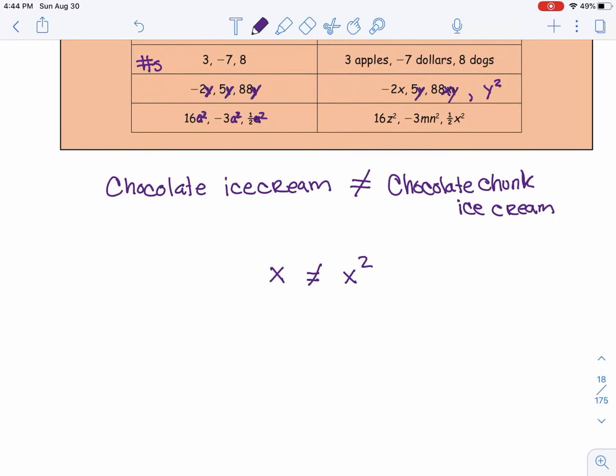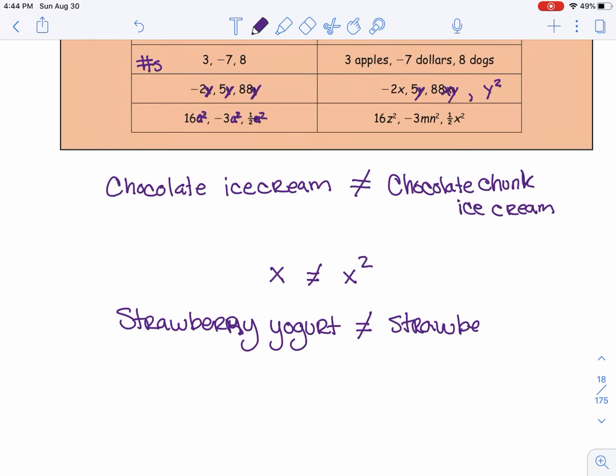Another example I'll use is that if I ask for strawberry yogurt, I do not want strawberry banana yogurt. And that's kind of like if I have x and how that's not equal to xy. So strawberries are not equal to strawberry banana.